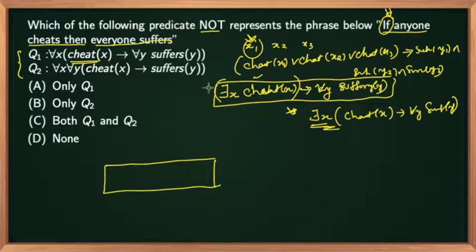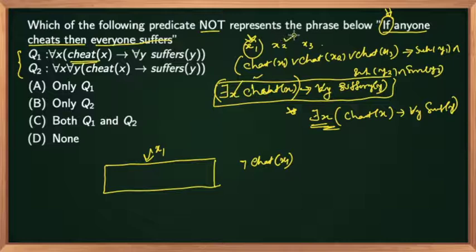If for example I give x1 here, it should check if x1 is a cheater or not first. If x1 is not a cheater, then it's done, right? So then I don't need to worry, right? So let's assume x1 is not a cheater. So you're just checking not cheat of x1, then it's okay, right?